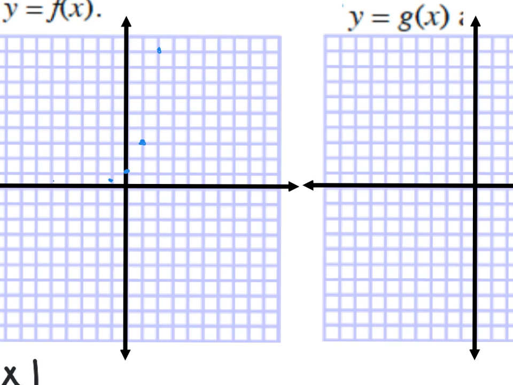So my graph looks something like this. Where's my exponential curve? And don't forget, there is a horizontal asymptote on the x-axis. In other words, as x goes to negative infinity, this function, f of x, is getting closer and closer to 0.